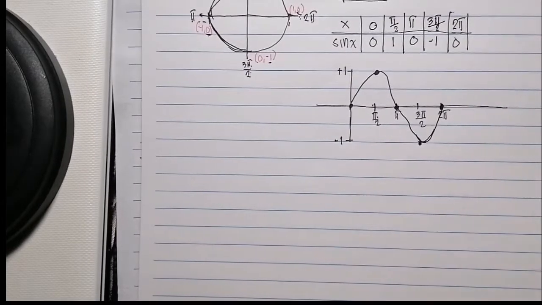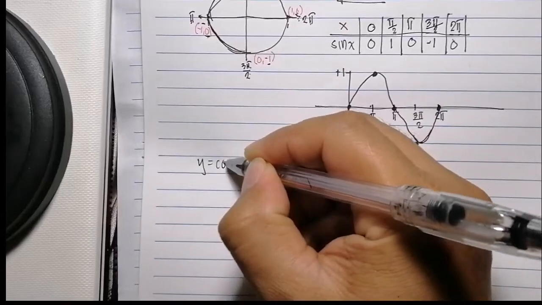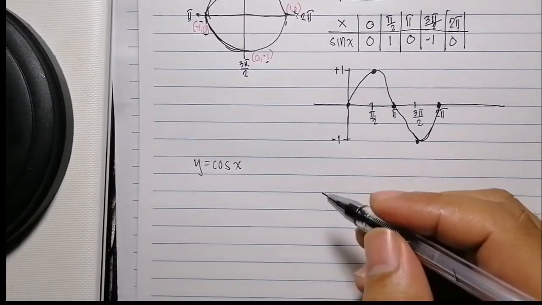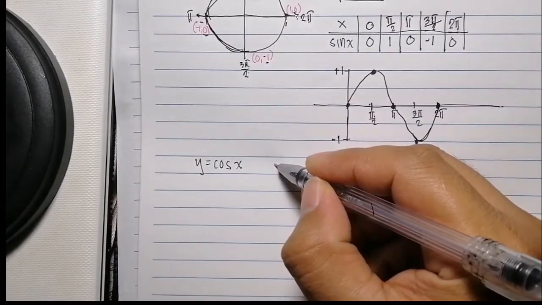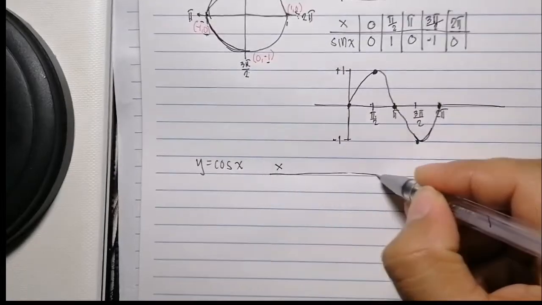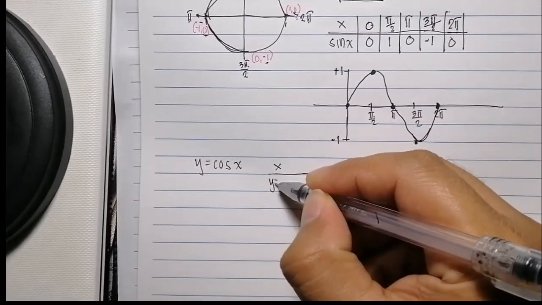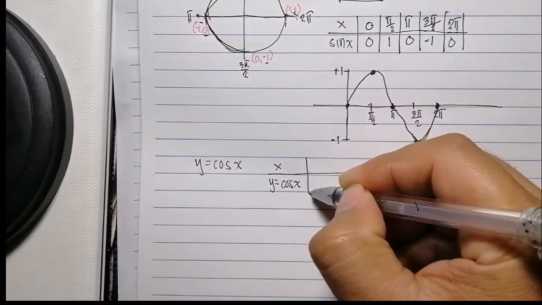What about the graph of y equals cosine x? Okay, again, we will make a table of values. So this is your x, and this is going to be your y equals cosine x.